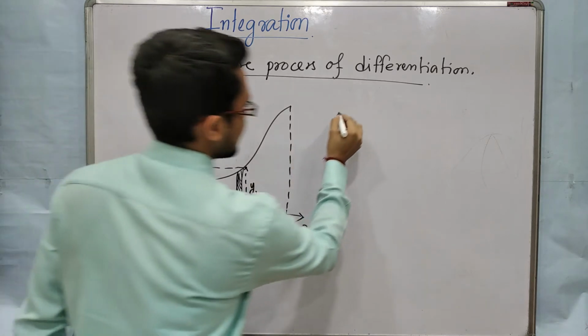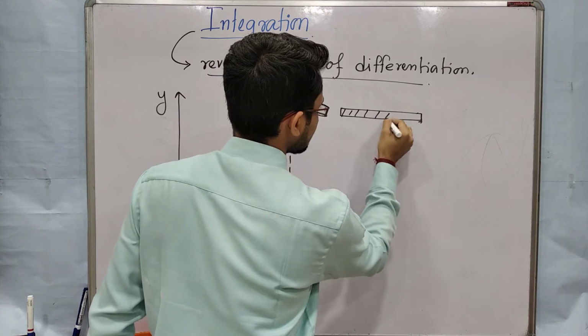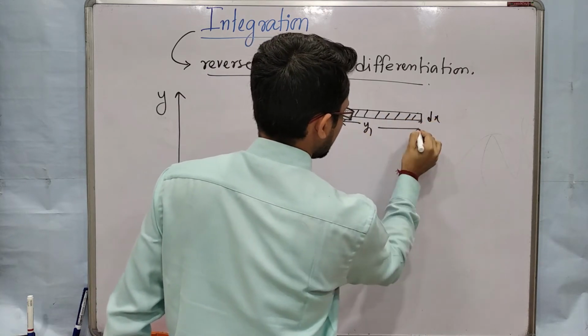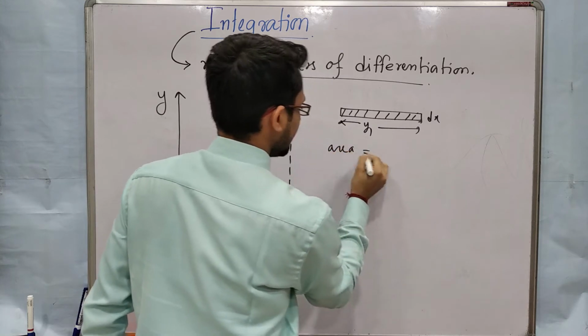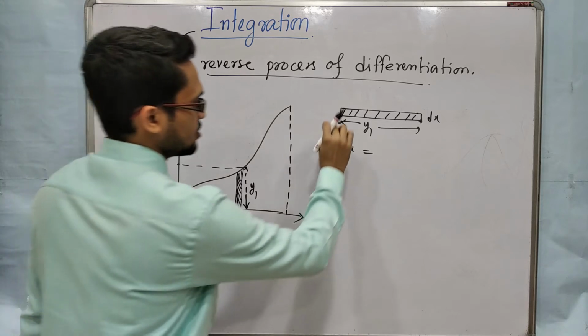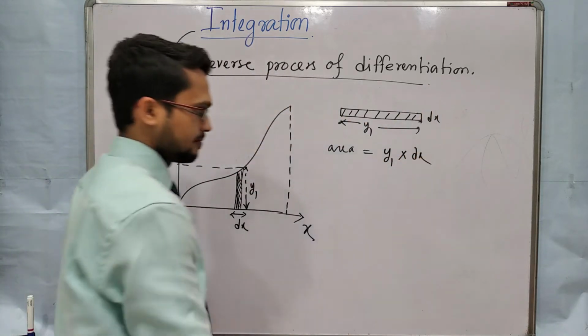So it looks like this. This is dx and this is y1. So what will be the area? This is a rectangular piece, so the area will be length into breadth. Length is y1 into dx.